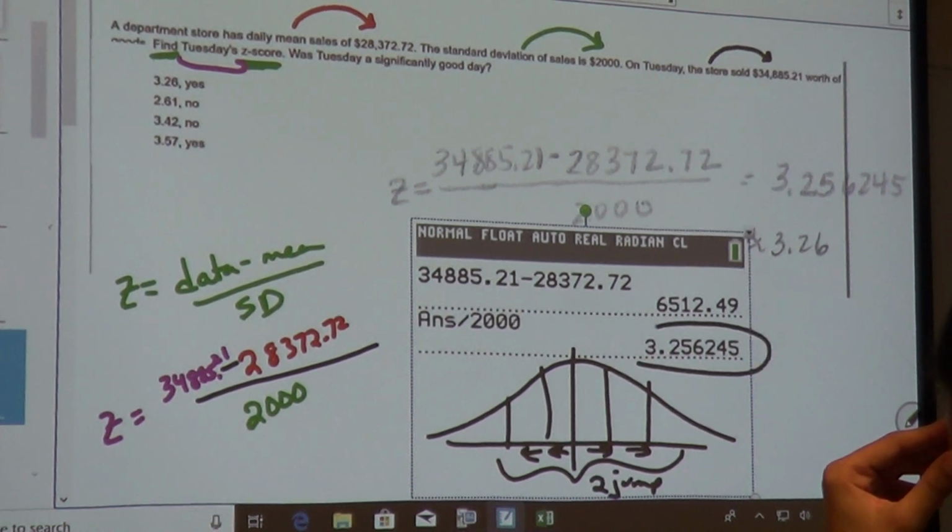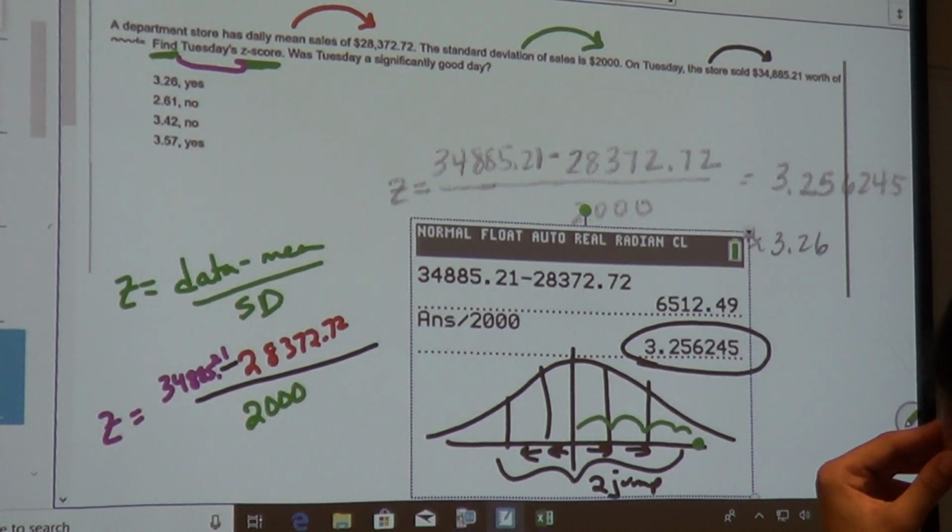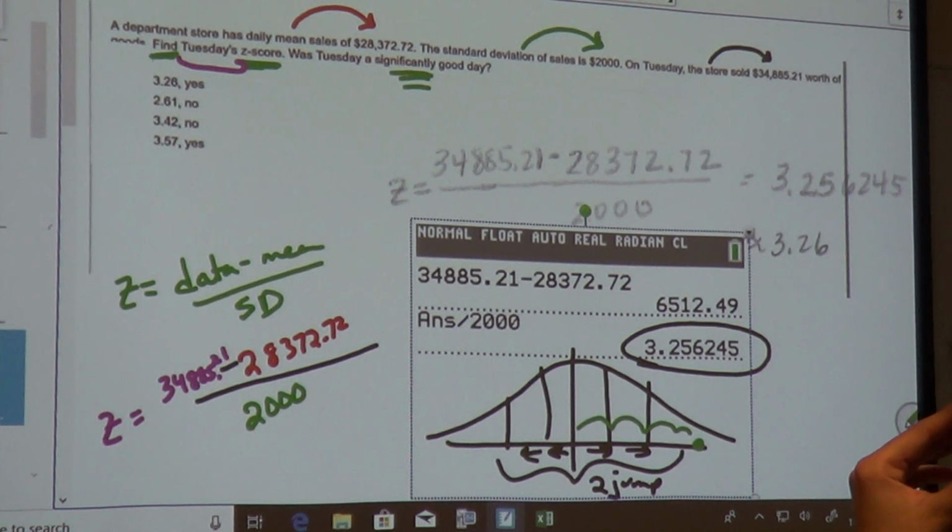We're at 3 jumps, and some change. So it says, was it a significantly good day? Yes. It was significantly high.